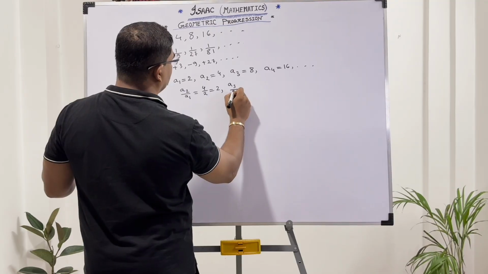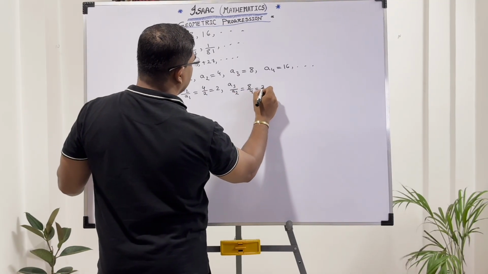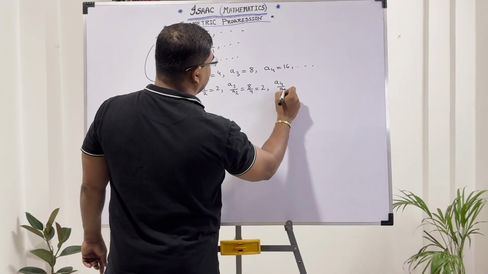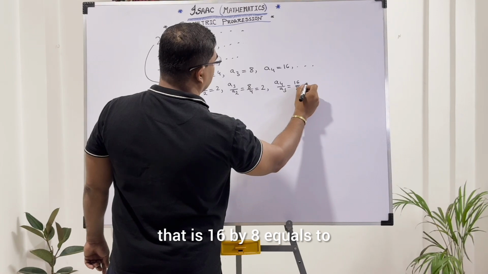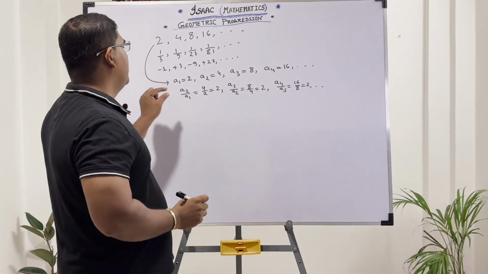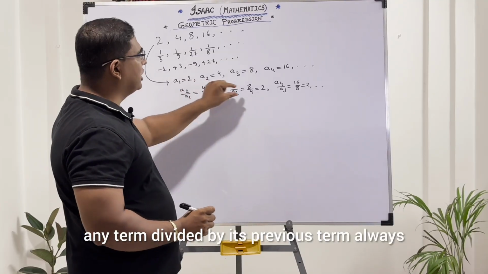A3 by A2 equals 8 divided by 4 equals 2. A4 by A3, that is 16 by 8, equals 2. That means any term divided by its previous term always gives a fixed value.